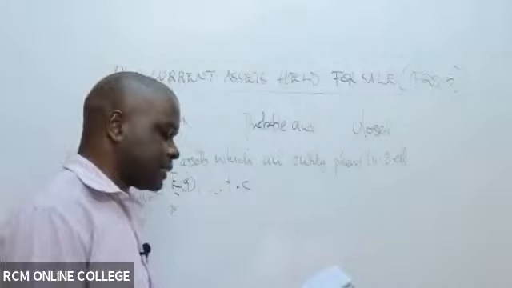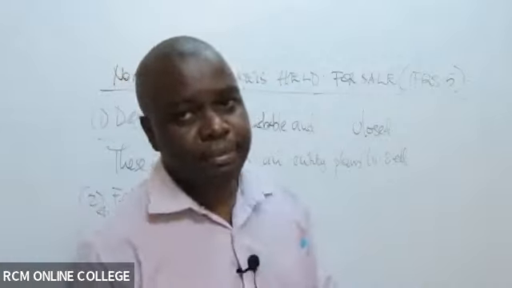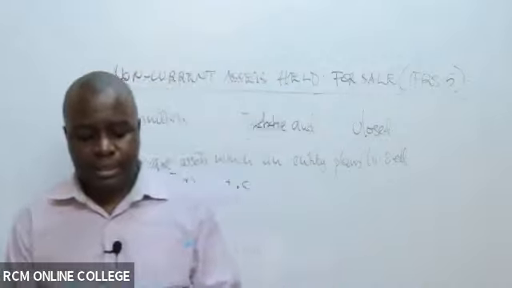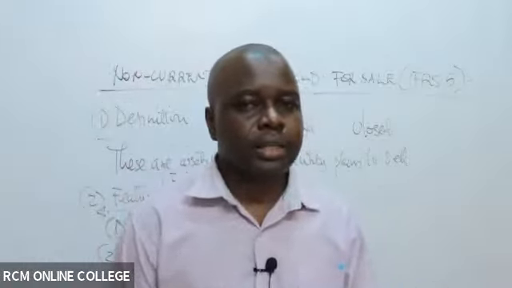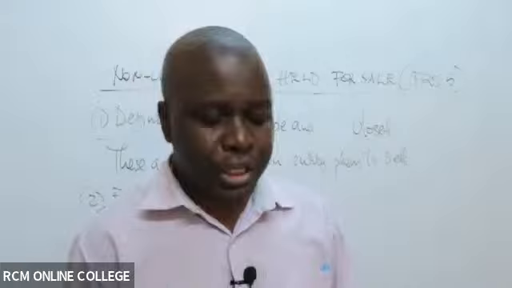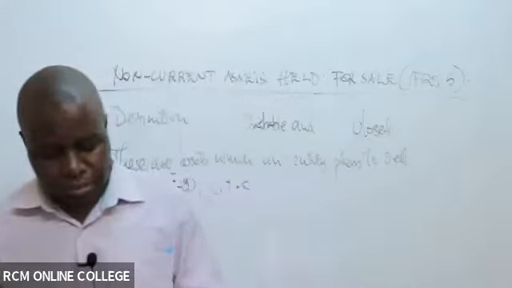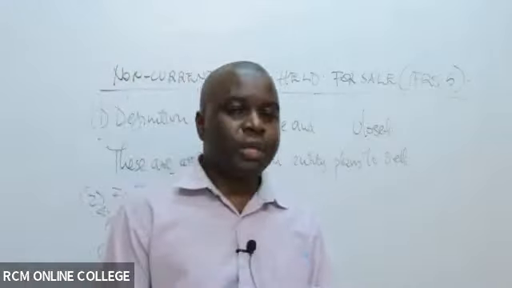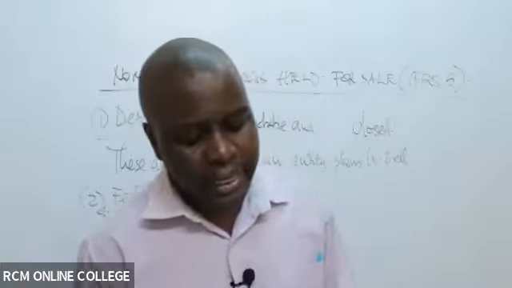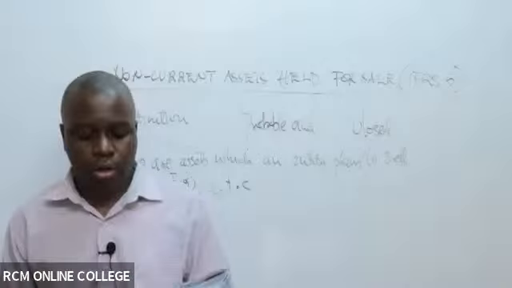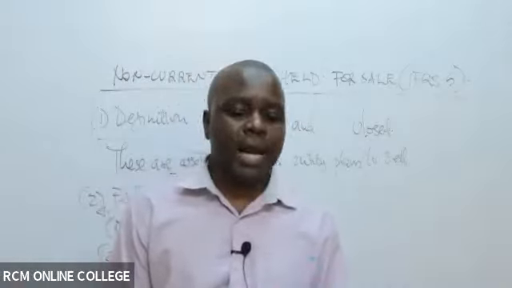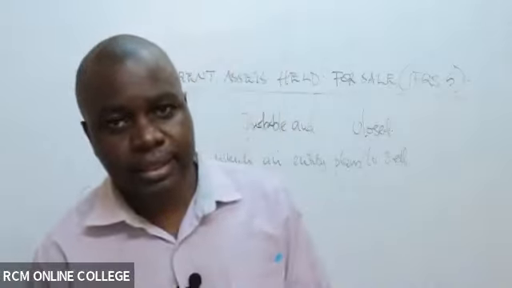Then number 6, the last feature of a non-current asset held for sale: it is unlikely there will be any changes in or withdrawal of the plan to sell the assets.